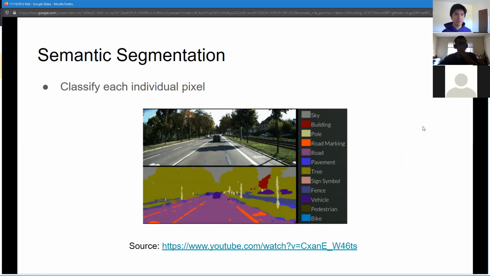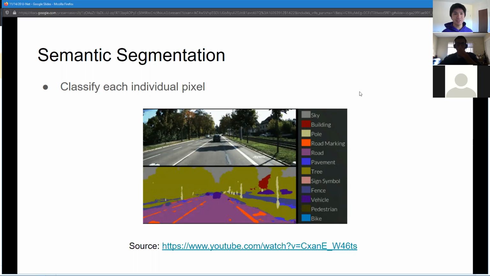Okay, so we have classification, we have localization. That builds up the motivation for semantic segmentation, right? With traditional classification, with a convolutional neural network, you take in an image, and then you output this probability distribution that says, 80% dog, 20% cat, or whatever, right?